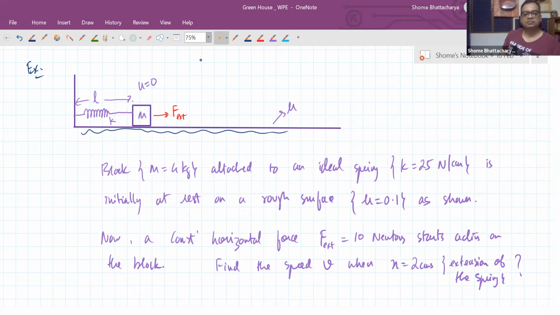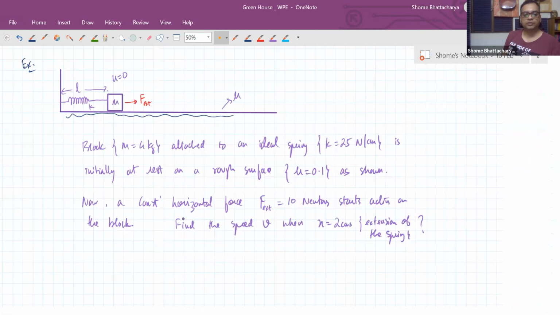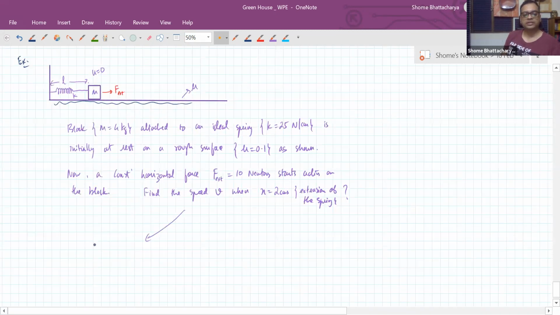Now we will tackle this sum by two methods. One is what we've just learned, the work energy theorem, and the work energy theorem is always applied for a system. So we will take the system as the block plus the spring.